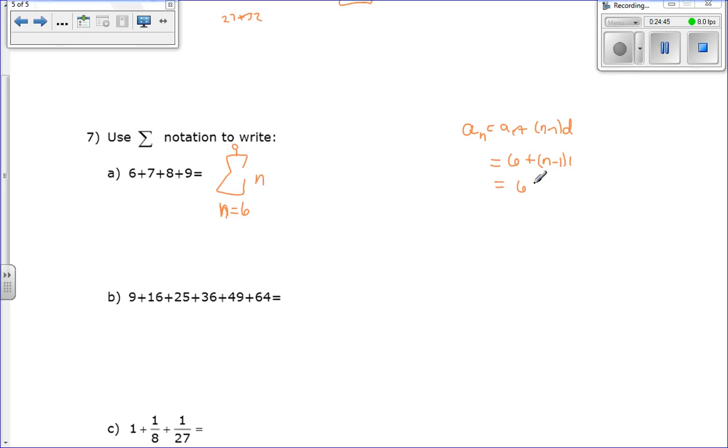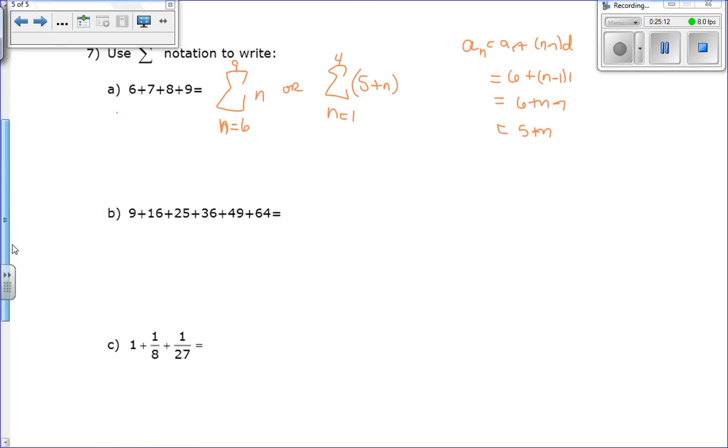So it's just 6 plus n minus 1. So it's 5 plus n, and we would start from 1. n equals 1 to 4, and we have 4 terms, of 5 plus n. Those are both correct sigma notation.